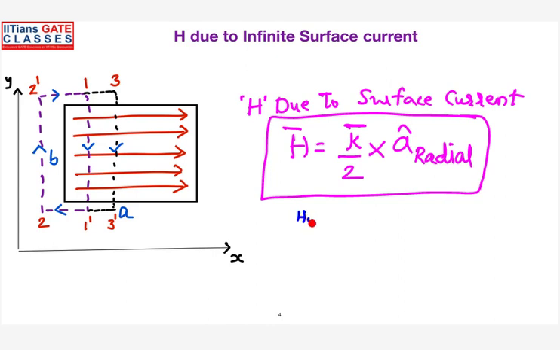See, first, what was the first equation you had? You got HY1 minus HY2 is equal to K. This is your first equation, right? And what is the conclusion you got right now? I told you, because HY2 is when you are moving on the bottom of the sheet, and HY1 when you are moving on the top side. So what is the conclusion I gave? HY2 is equal to minus HY1.